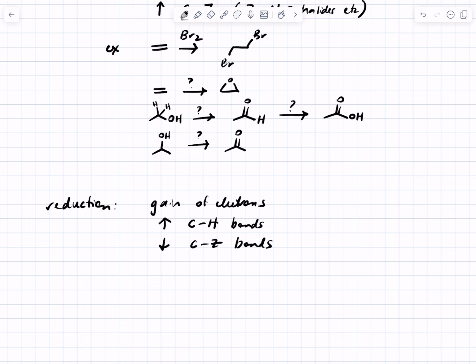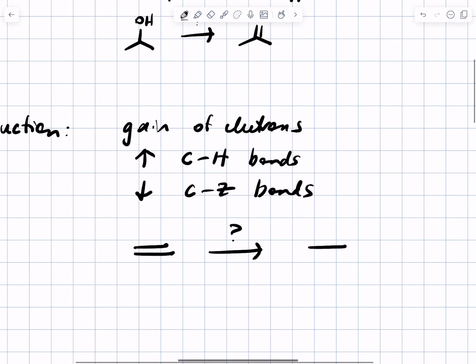Now, some examples of reduction. I'm not sure we've actually seen any of these yet. We're going to do a few new reduction reactions. We'll take an alkene, and with a mystery reagent, we'll convert it into the alkane. So you can see there that we're increasing the number of carbon-hydrogen bonds.